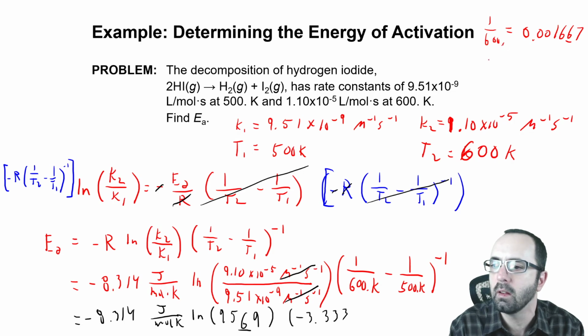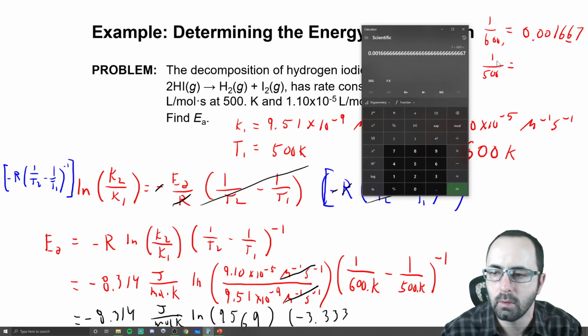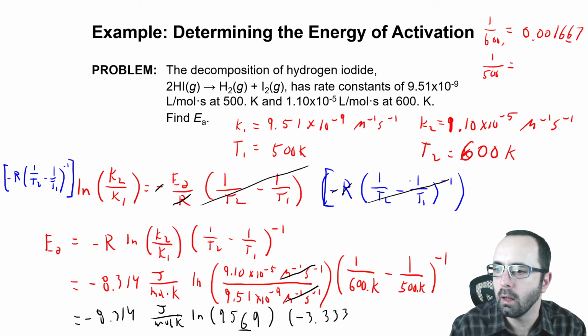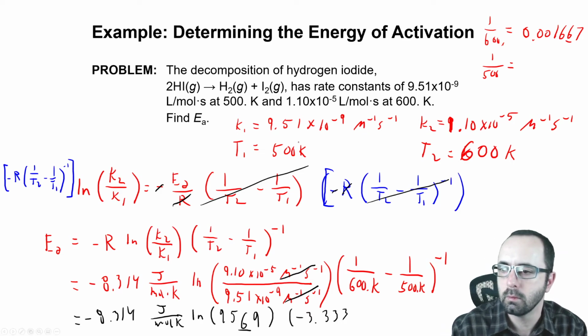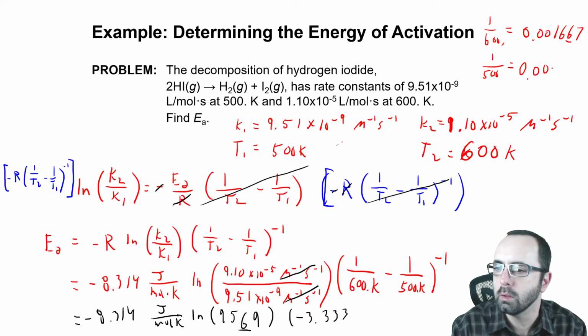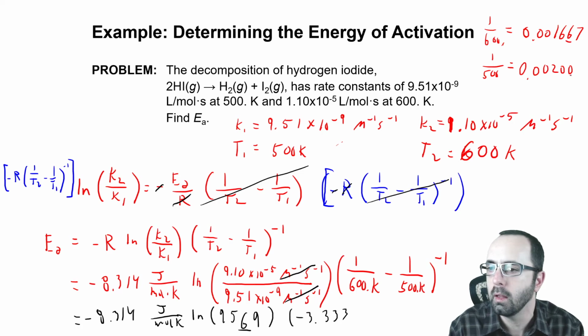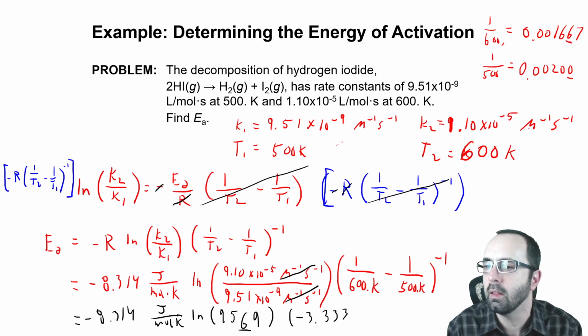And 1 divided by 500 equals 0.00200. Okay, and the last sig fig is here. So they're both at this place right here.